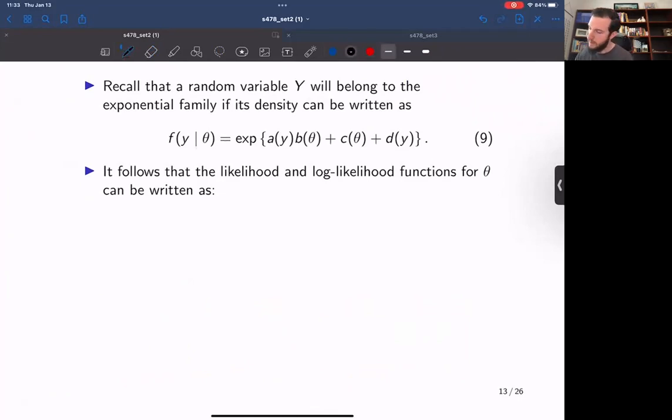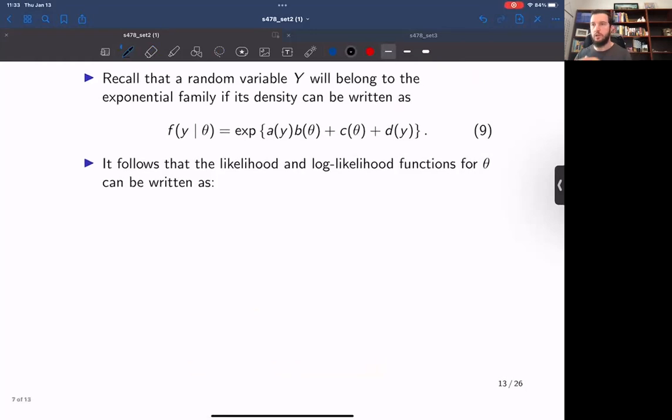There's a couple of ways that we can do it. We can do it for the single random variable, or for n random variables. We'll start with the single random variable to get the general expressions, and then we'll see how this evolves later when we have n random variables in the data set.